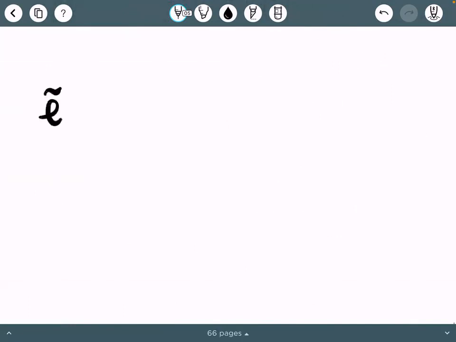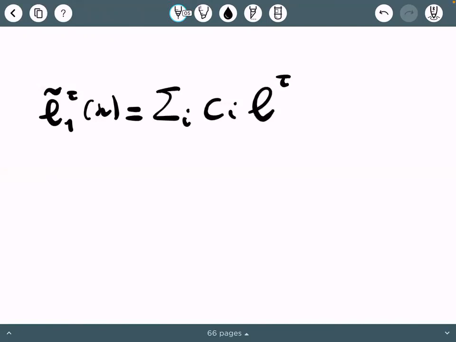I take my proxy and expand it into a truncated basis of the exact eigenmodes, which I don't know, of course. Suppose I'm interested in the first state.